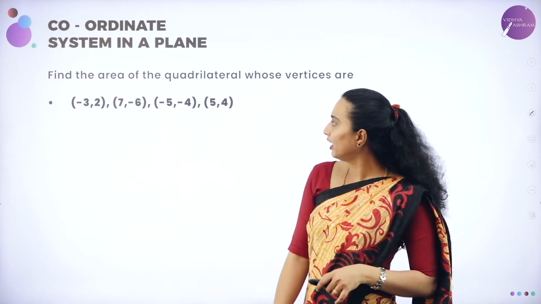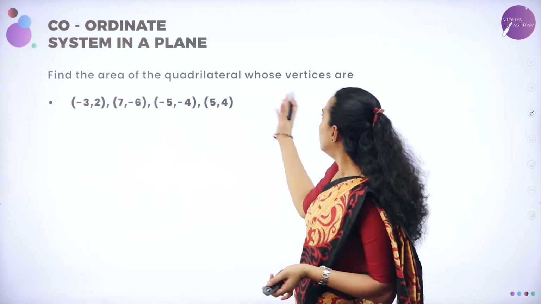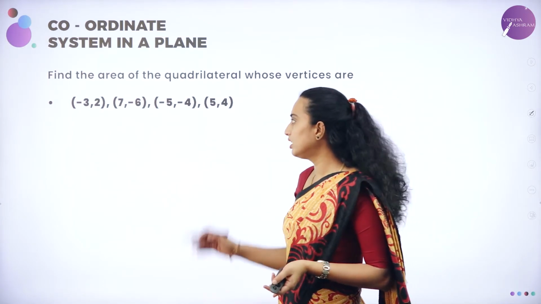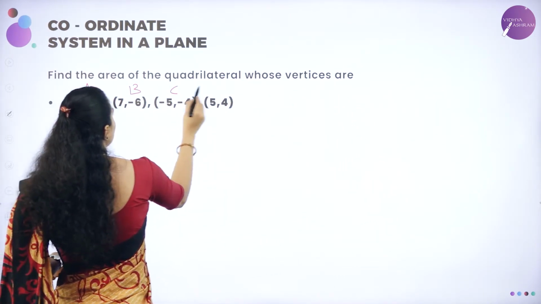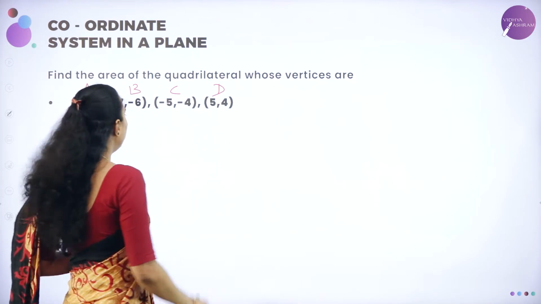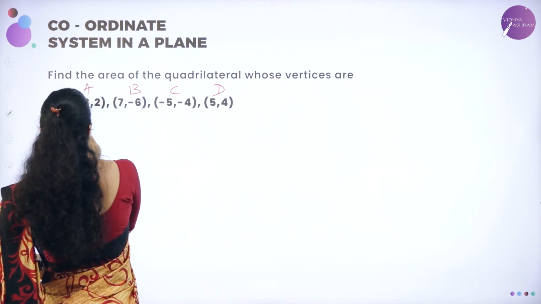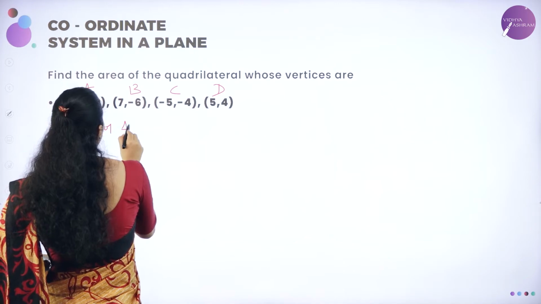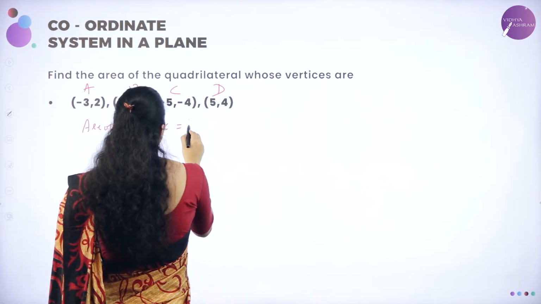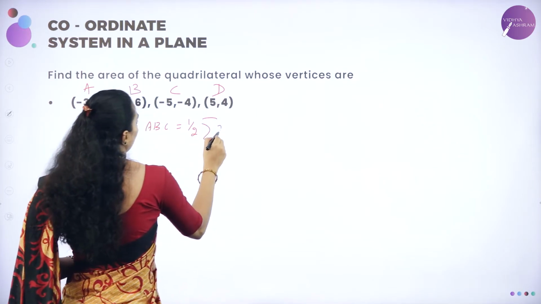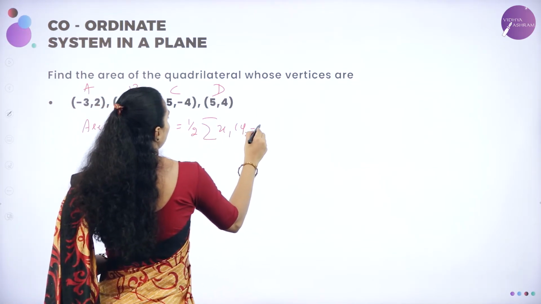What they have given: find the area of a quadrilateral, again, whose vertices are given. So I am going to take here this is point A and this is B, C and D. So let me take first the area of a triangle ABC, which will be equal to half into summation of x1 into y2 minus y3.